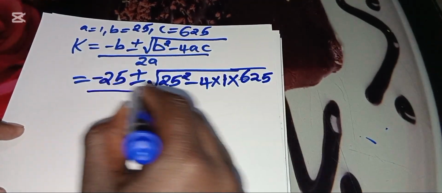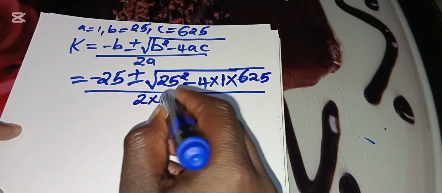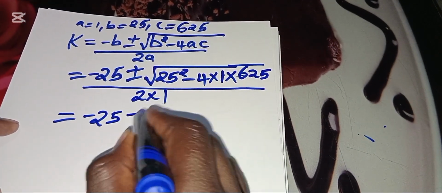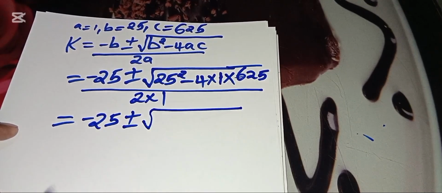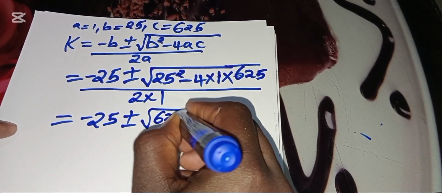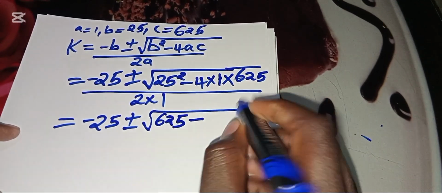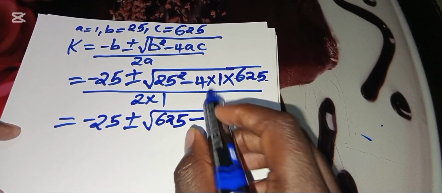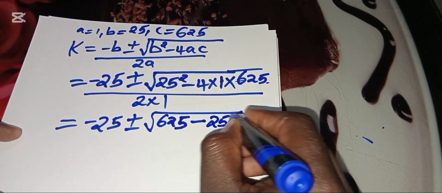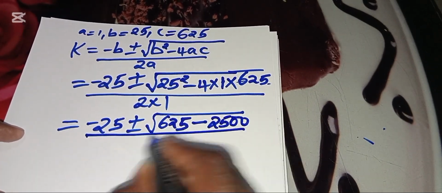Okay, divide everything by 2 times 1. Okay, so now we have negative 25 plus or minus the square root of 25 squared, this is equal to 625, subtract 625 times 4, which is actually 2500, divided by 2.